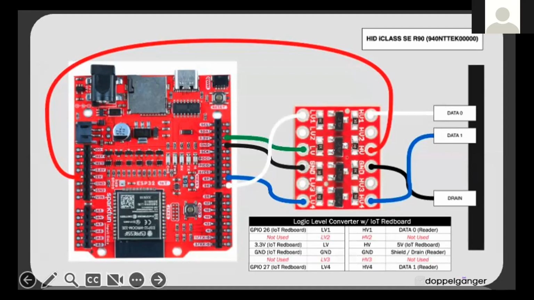The way that's working is you're receiving the data 0 and data 1 input from the Wiegotcha side. It's receiving that at 5 volts. There's an HV pin that goes to a 5-volt connector on the ESP32. That's just letting the logic level converter know what's 5 volts. And then it's also got an LV side, which connects to the 3.3 volt side, which allows the device to convert it appropriately.